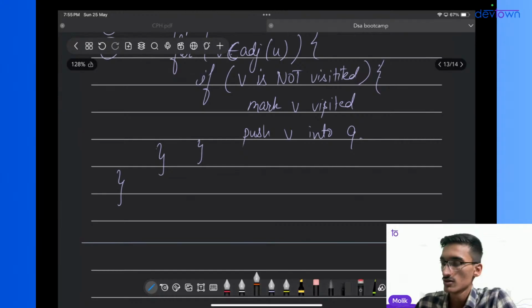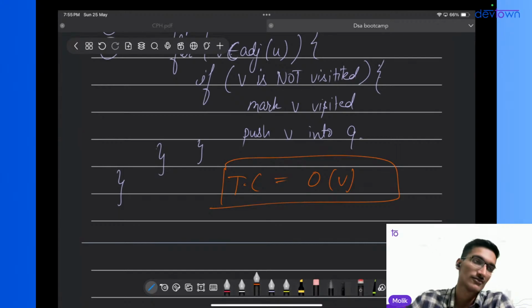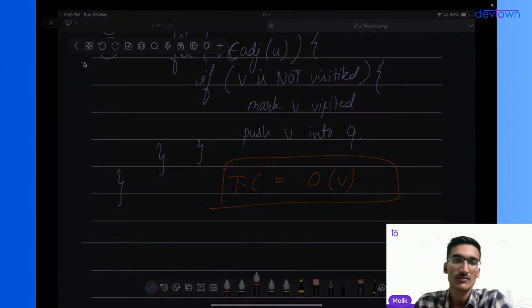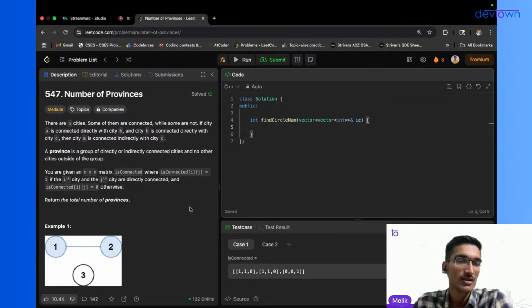So the time complexity of this is O of V, which means number of nodes. Keep a note of that.